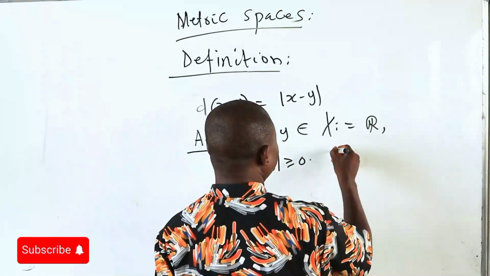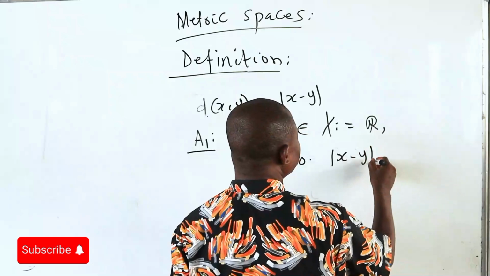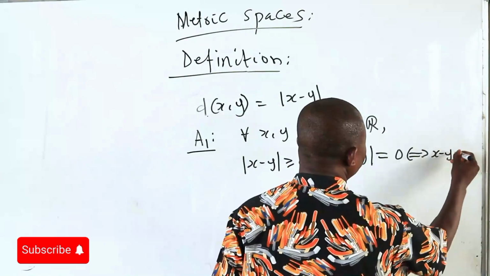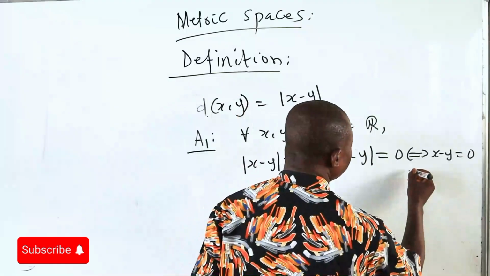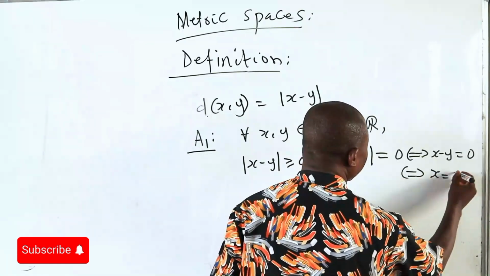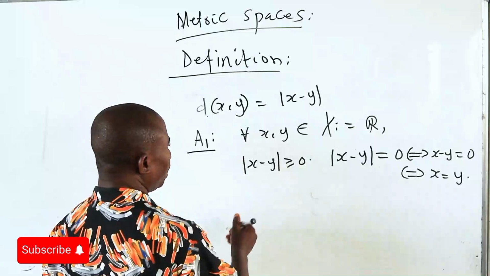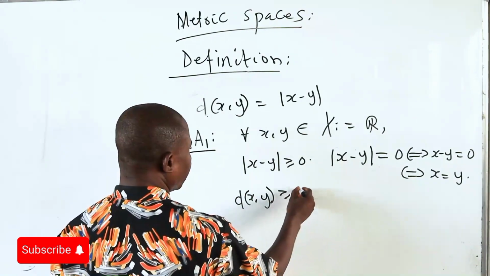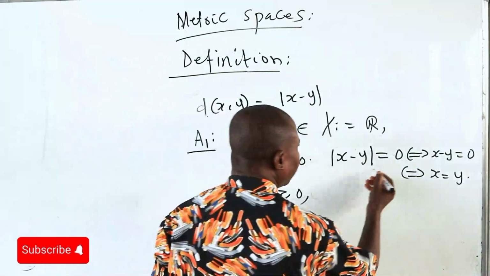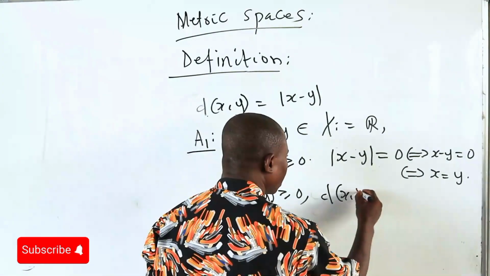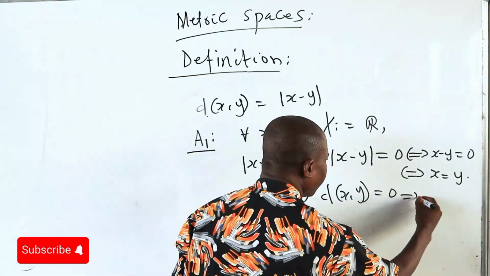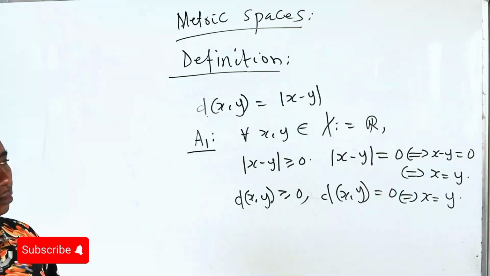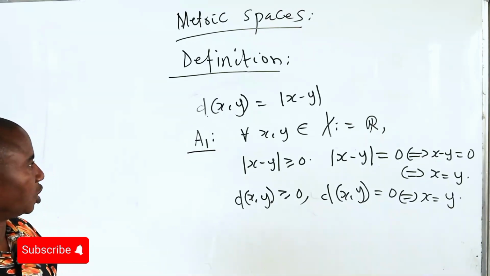Next, we also know that absolute value of x minus y is equal to 0 if and only if x minus y is equal to 0, and this is true if and only if x is equal to y. So we've shown that d(x, y) is bigger than or equal to 0, and that d(x, y) is 0 if and only if x is equal to y. So this is done.